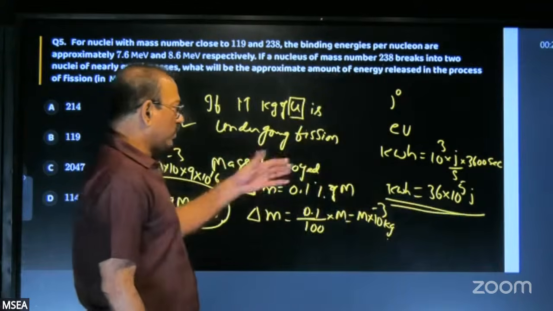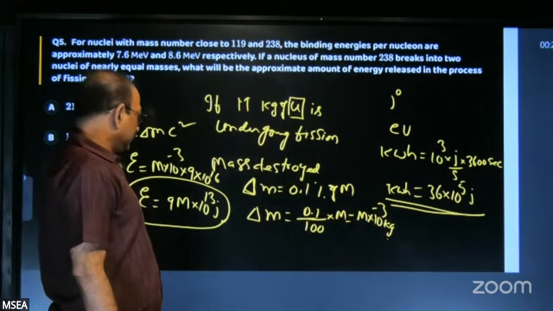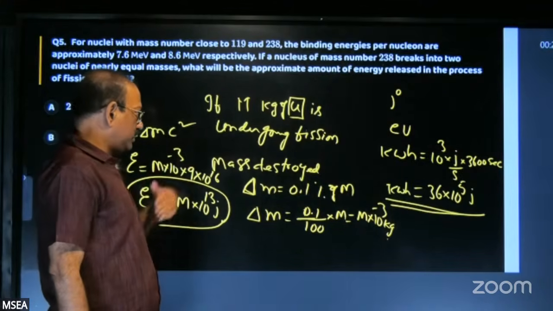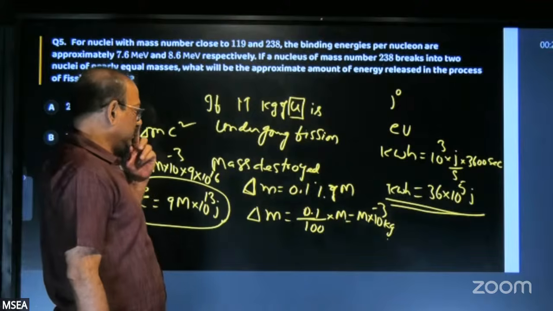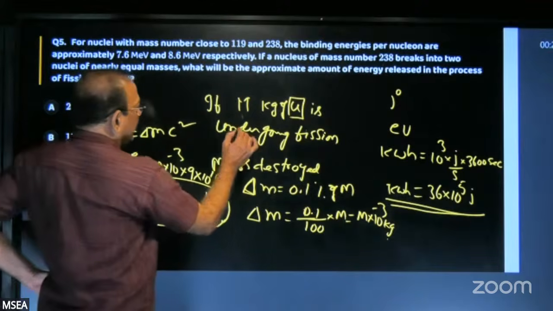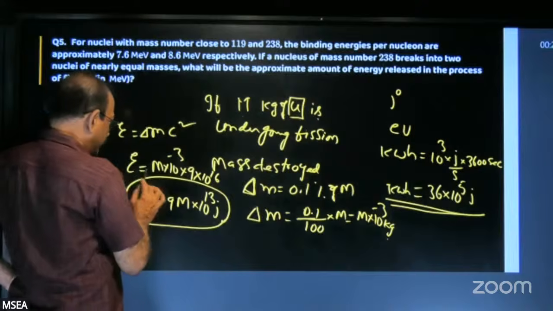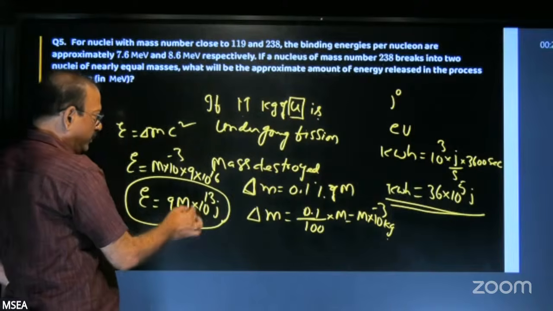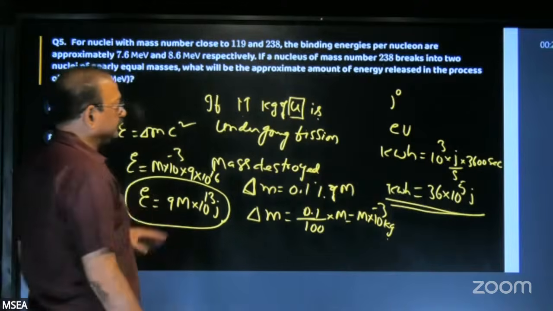Sometimes they will ask you to express in kilowatt hour also. So if m kg of uranium undergoes fission, energy released is 9m into 10 power 13 joule.